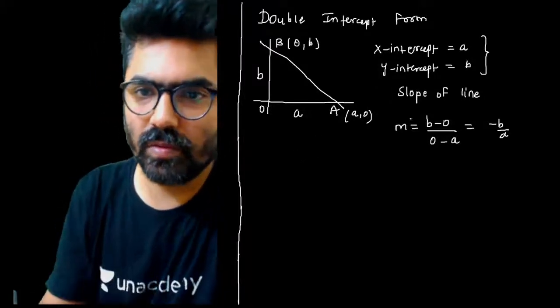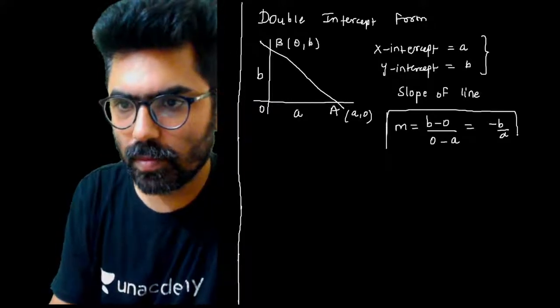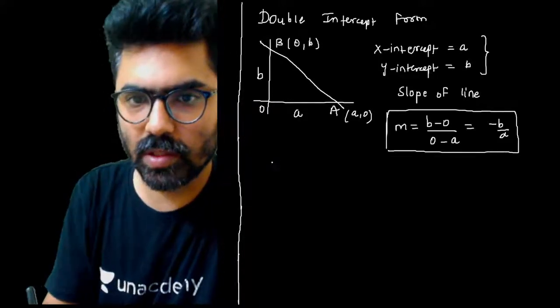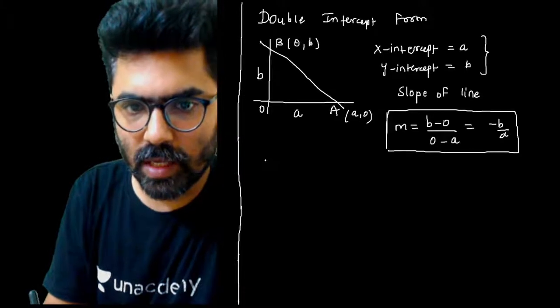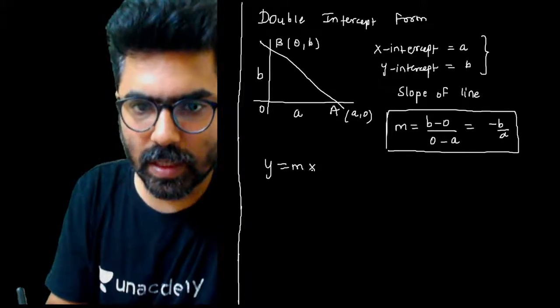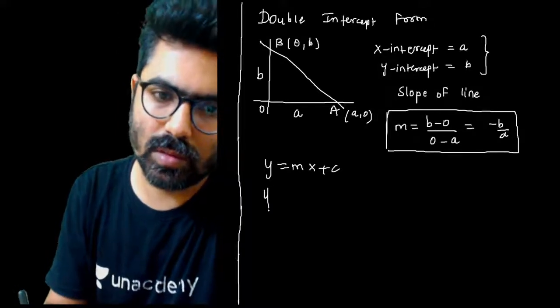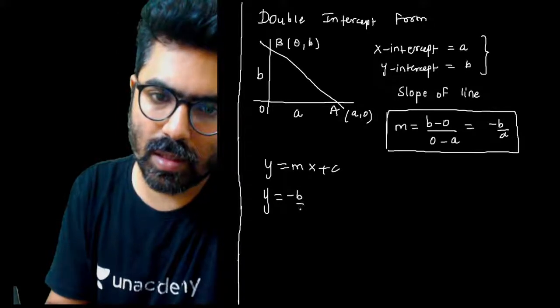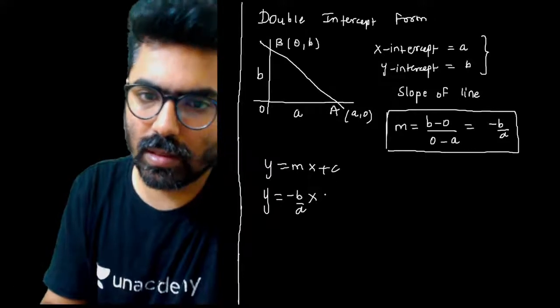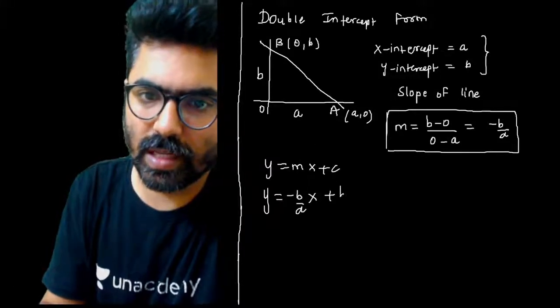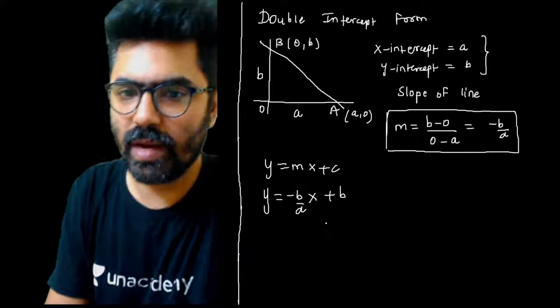Till now we have just found the slope. Now let's find the equation. As we know that the equation is y equals mx plus c, where c is the y-intercept. So here the slope is minus b by a, and x plus c, c is the y-intercept, which is b.